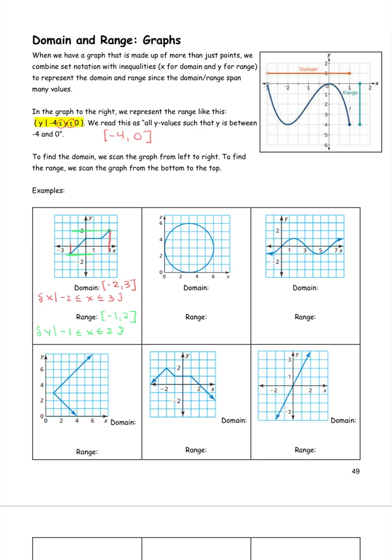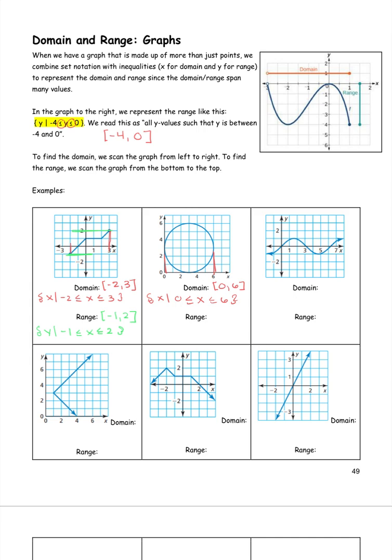All right, looking at the next example, we have a circle. Again, we're starting all the way from the left and working our way to the right, and we can see that our domain is 0 to 6. Using our notation, we have x, 0 less than or equal to x less than or equal to 6, which means all the x values such that x is between 0 and 6.